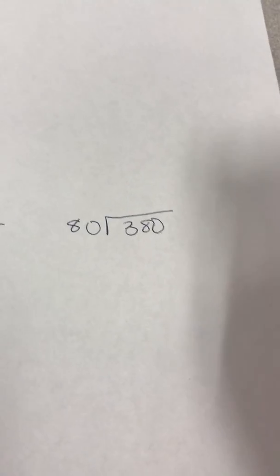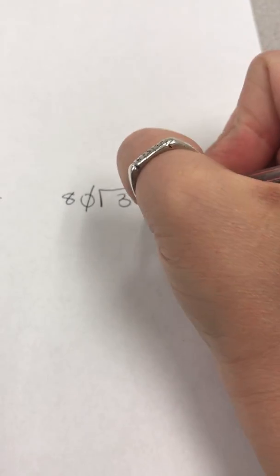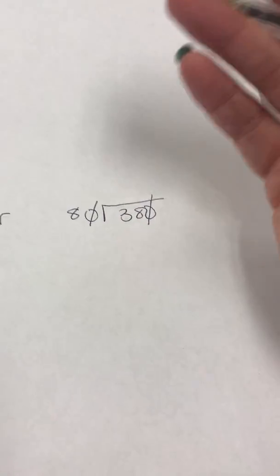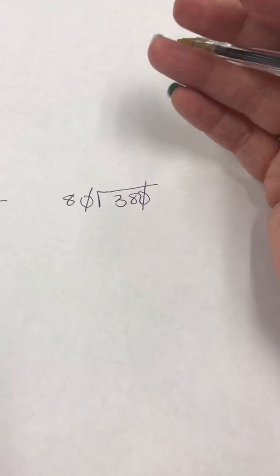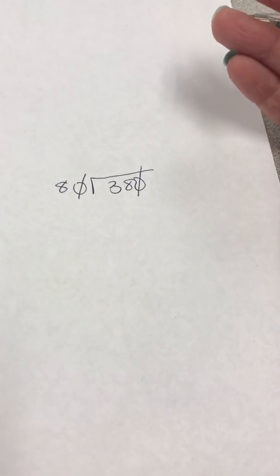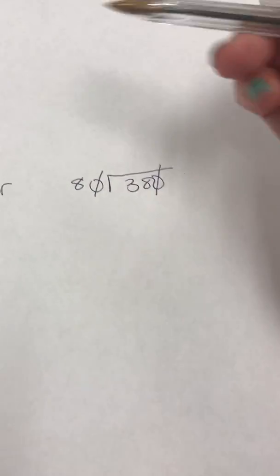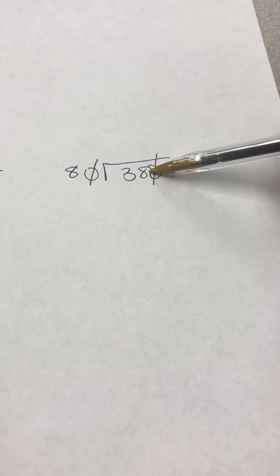Now if we come to the other one, I can eliminate a 0 from each, and I've got 38 divided by 8, but those are not compatible. If I divide 38 by 8, I will get a remainder. So this is where the compatible piece comes in, and we haven't had to do this yet because so far we've dealt with compatible numbers. So we want to think, what is the closest number to 38 that is compatible with 8?